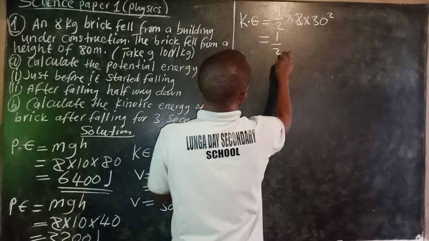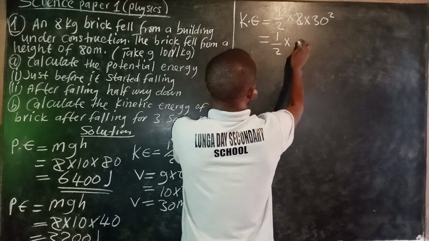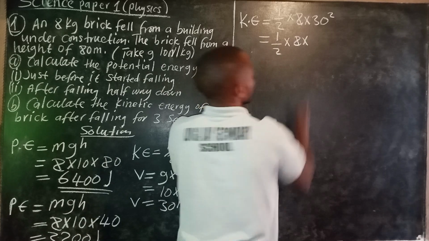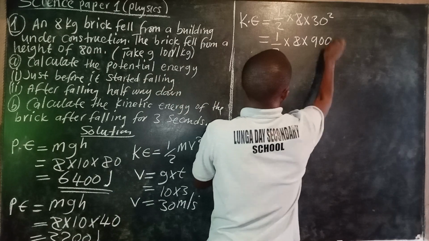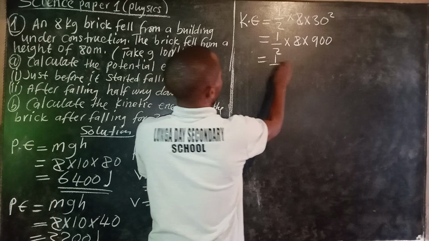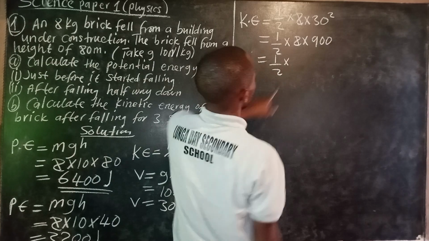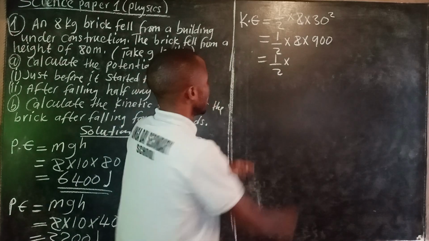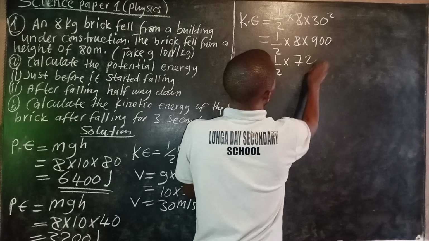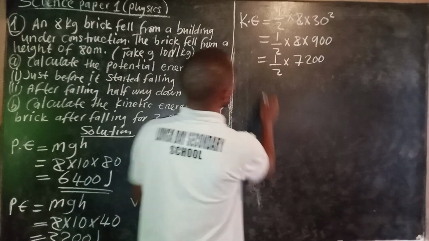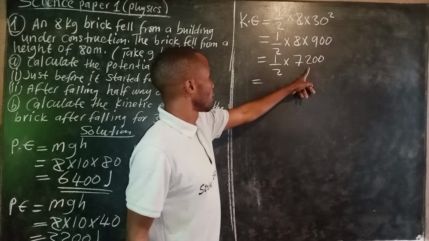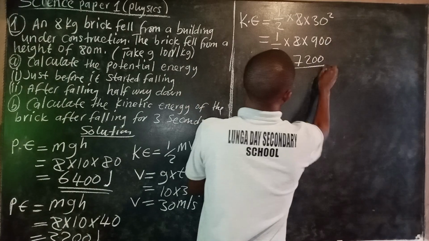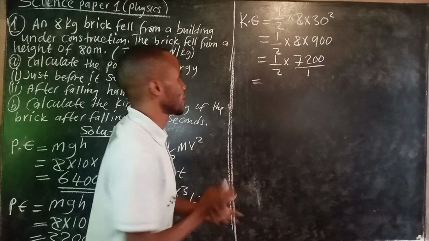So 1 over 2, times 8, times 30 squared, that is 900. So 8 times 900 is 7,200. Then from there we can divide by 2. In short, here you can complete it properly.